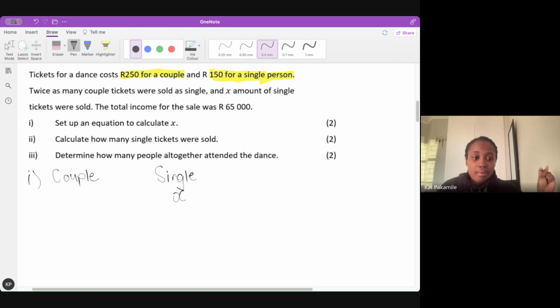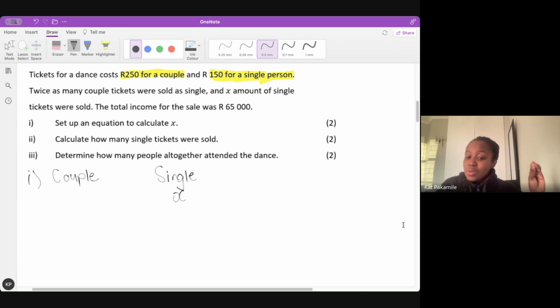What do we think here? I need you guys to weigh in. If there were twice as many couple tickets sold as single tickets, and single tickets is X, then what is twice of X? It is 2X. Does it make sense?